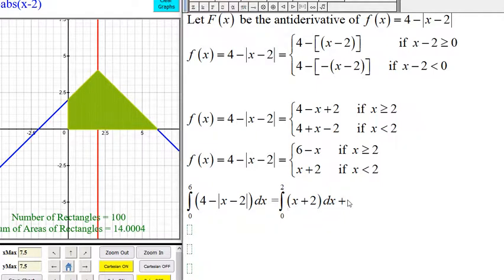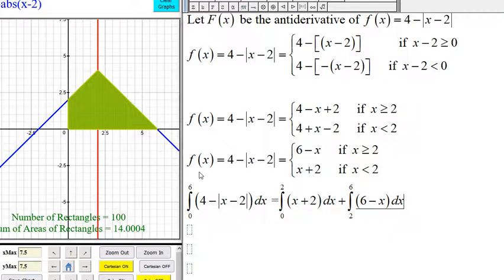So this integral represents this shaded region. The second integral would be from 2 to 6, and from 2 to 6 means x is greater than 2, so we use 6 minus x for the integrand, dx.